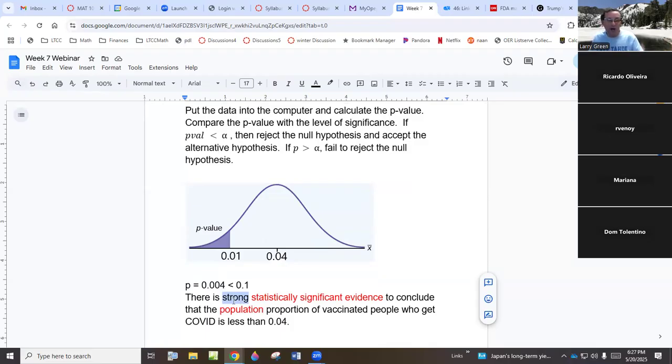So there is strong, statistically significant evidence, and I'm putting that in red, maybe I'll boldface it too, to conclude that the population proportion of vaccinated people who get COVID is less than 0.04.